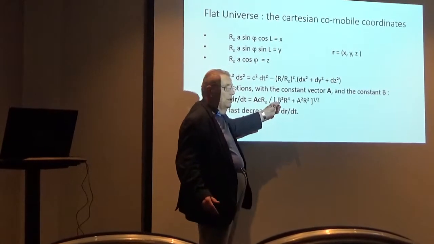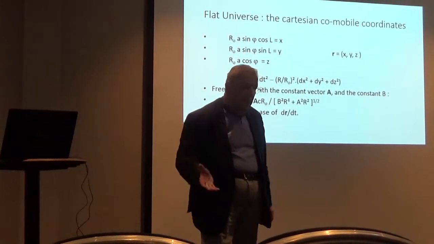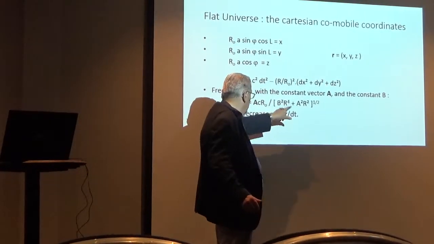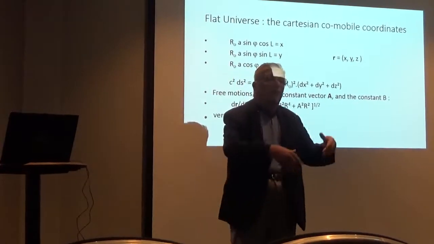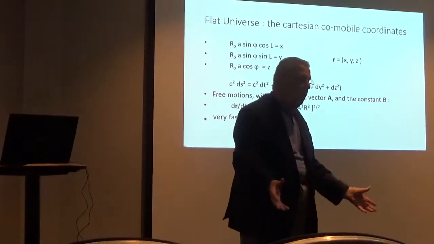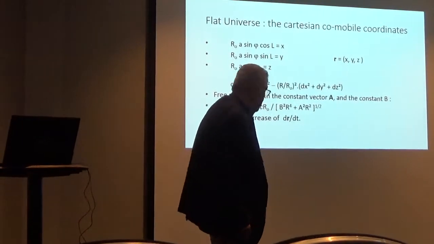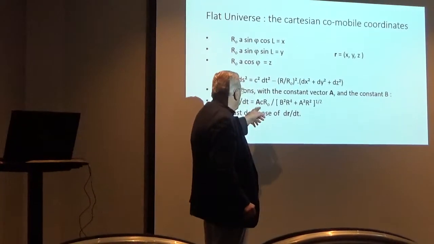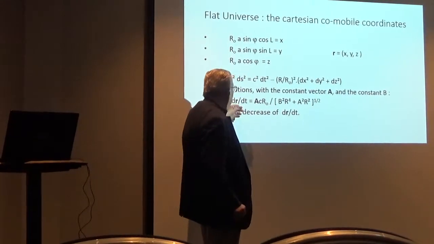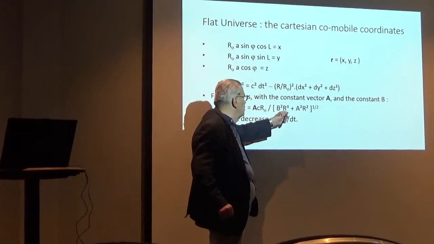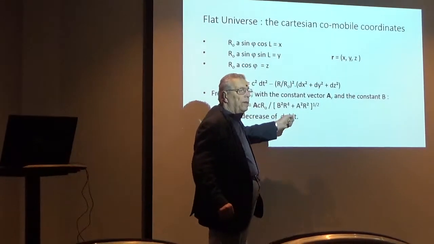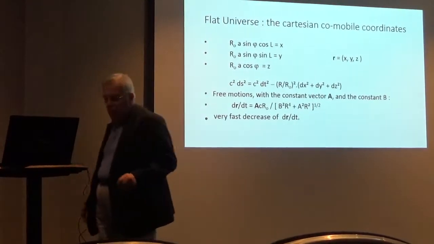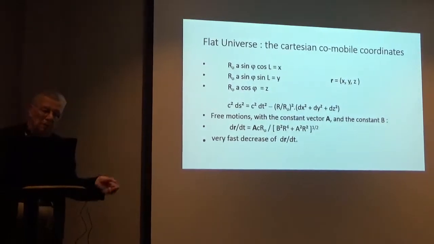In the case b equals 0, we have a straight line with a velocity c at our time, and proportional to c at any time for people living at that time, in a constant direction. For very large b, we have small velocities. And we say that the velocity decreases as the inverse of the square of the radius of the universe. It decreases very rapidly. And so the dispersion is not a constant.